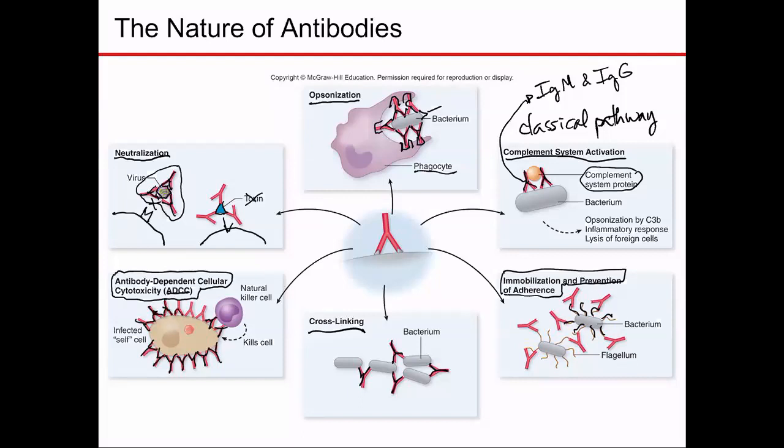After they bind to the surface of that cell, natural killer cells have the ability to recognize the Fc region of those antibodies that are already bound to the cell. And these natural killer cells will start to produce enzymes and proteins that will destroy that cell. So those are the different functions that antibodies can have.